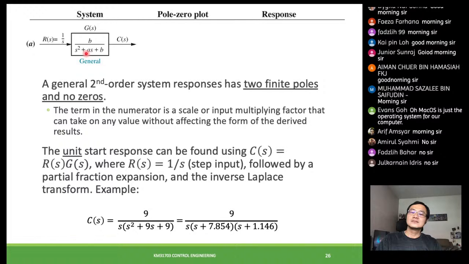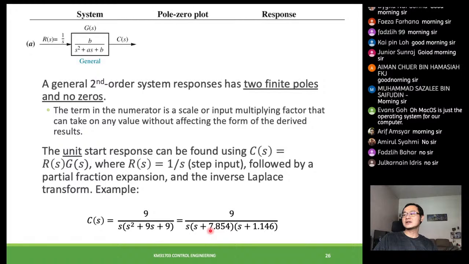We inject that to our system, 1 over s, and see what would be the outcome of it. All right, so in order to get this outcome, we just multiply them together, then do the partial fractions, we break them out, right, to identify what is the pole and what are the poles, since we have 2 poles over here. Okay, and then we do the Laplace transform to get it, right? So if it is in this order, we can now do the partial fractions expansions, break them into 2, right?